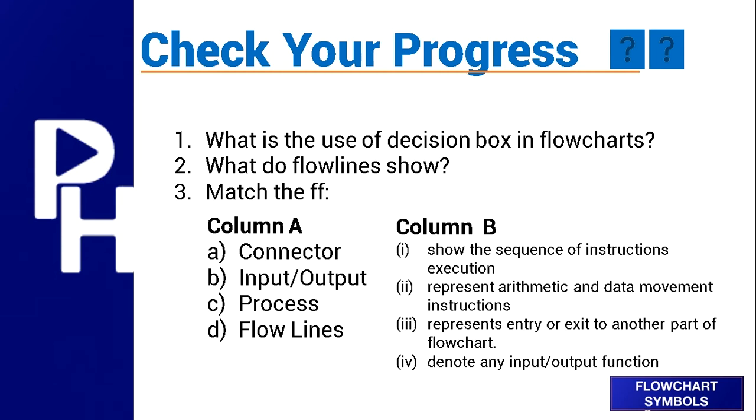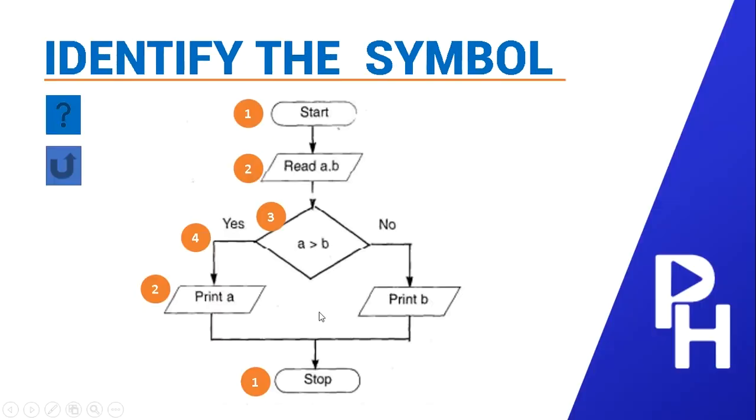Let us now identify the symbols from these examples. You may try. These are labeled by numbers. Number 1, what is the symbol of this, with the start and stop written on the box?